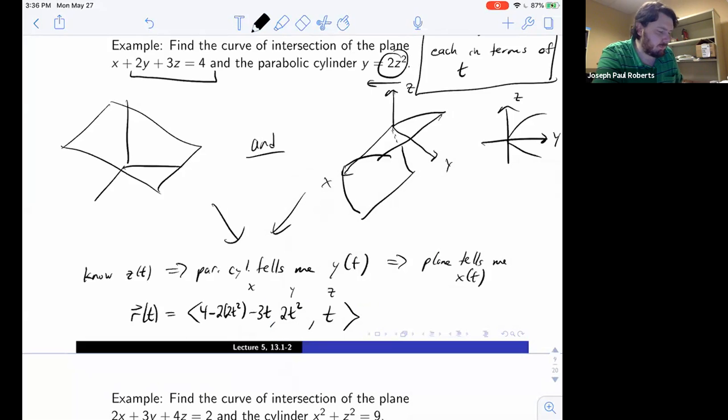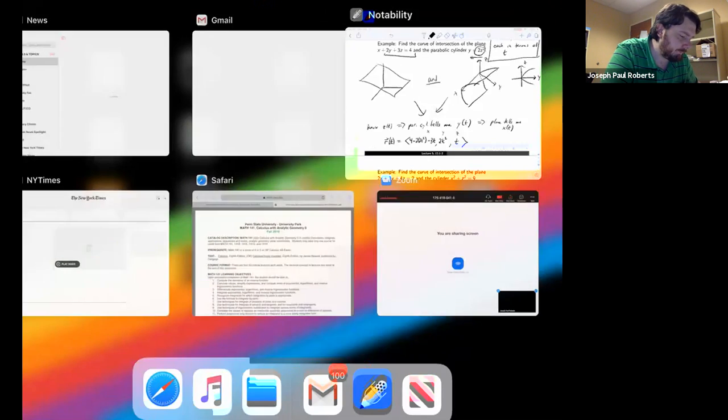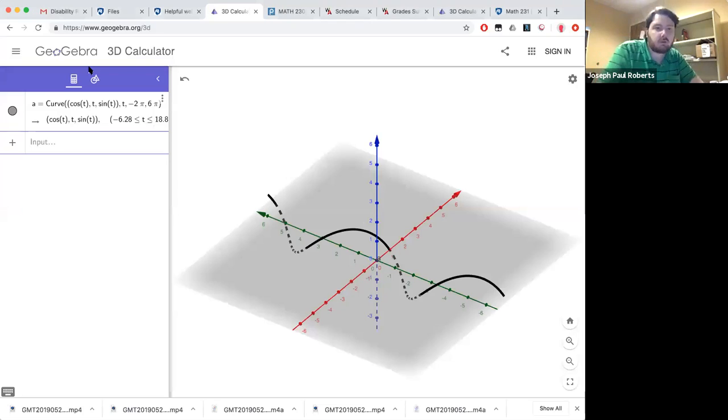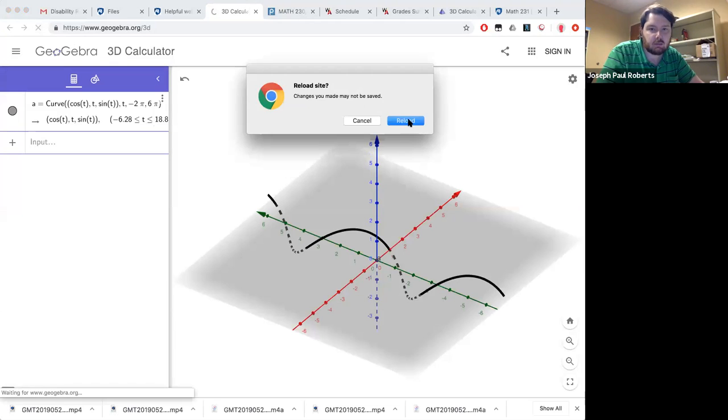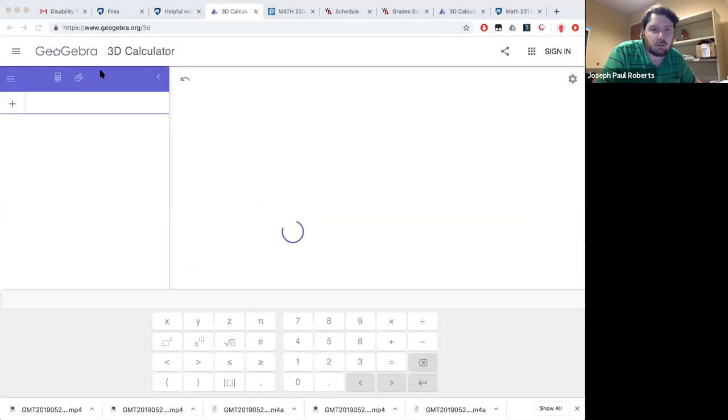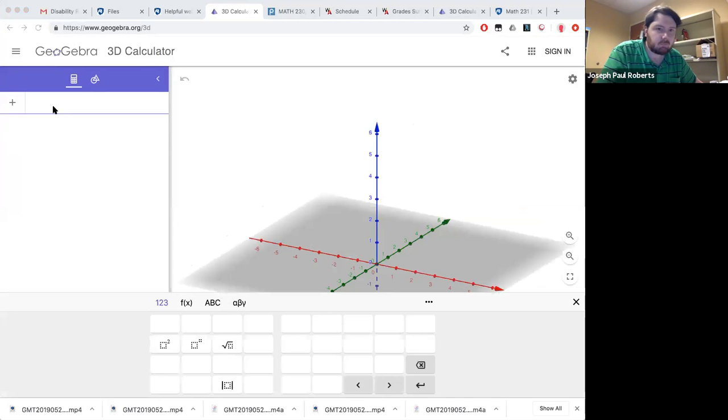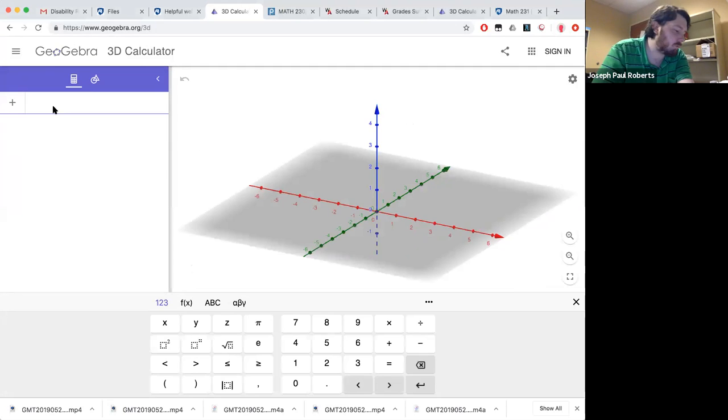Now will be a fun time to mess around in GeoGebra. Let's draw all these things. For the surface equations, you just have to type in the equation.